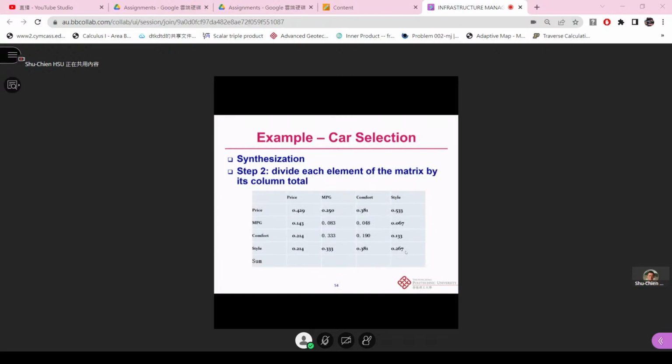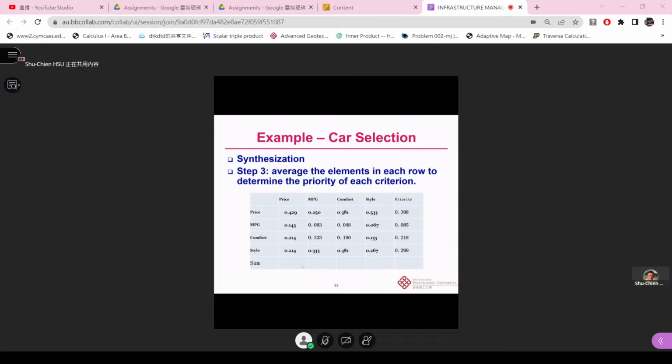And then we divide each element of the matrix by its column total, then we get 0.429 for price, and the MPG for price is 0.143, and comfort is 0.214, and style is 0.214. So it's kind of like normalization of those factors, because we normalize them based on their sum. You can see the sum of them is now equal to 1.